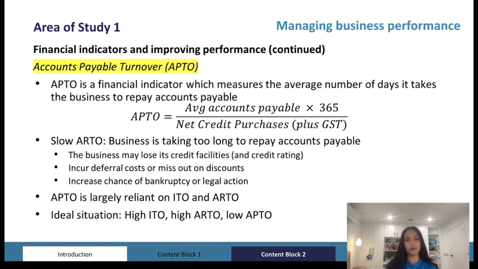So basically you want to push off paying your accounts payable until the last possible moment while still staying within credit terms. So hopefully that makes sense. You want to be paying your accounts payable slow-ish, but not too slow where it's way more than the credit terms offered. So as slow as possible without breaching the terms that you've come to with your supplier.